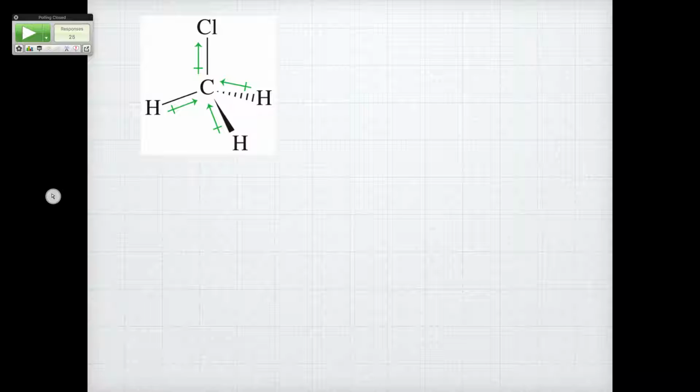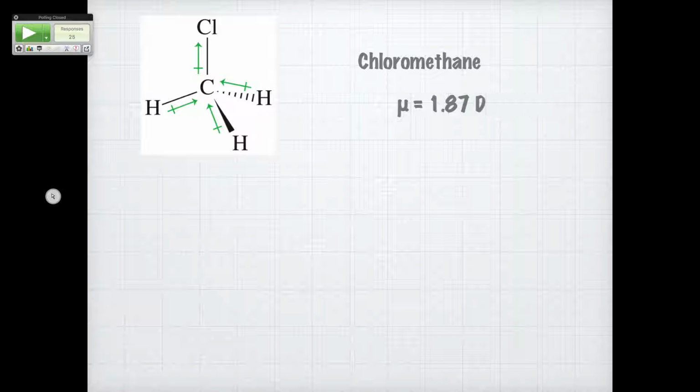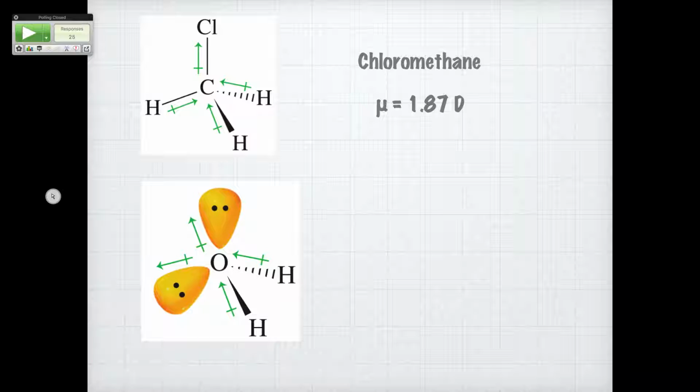All right, this is methyl chloride, or chloromethane, that's the actual name. Methyl chloride is a common name. Its dipole moment is 1.87. And this is water. Water has a dipole moment of 1.85, almost the same.